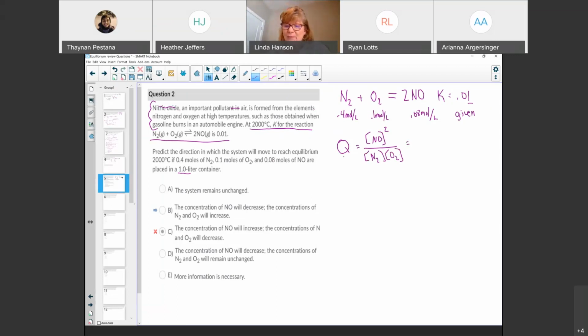And those two numbers, when compared, will let us know what direction it's heading to achieve equilibrium. So we have NO given to us as 0.08. That needs to be squared. Set over the nitrogen's 0.4 and the oxygen's 0.1. Let me hit that quickly. 0.08 squared, whoops, divide by 0.4 and 0.1.